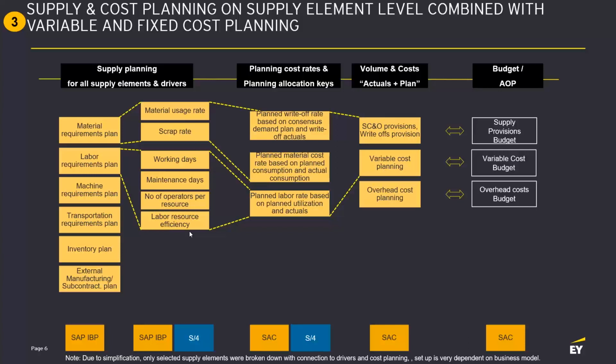Labor requirements plan could depend on the number of working days you have in the specific plant. Maintenance days, which are scheduled for the specific machine, because they deduct availability of the resources.